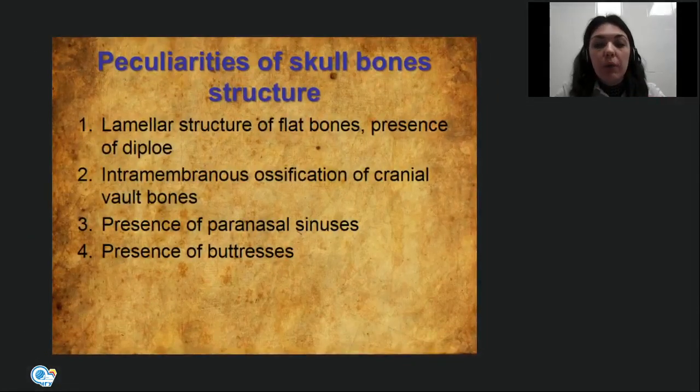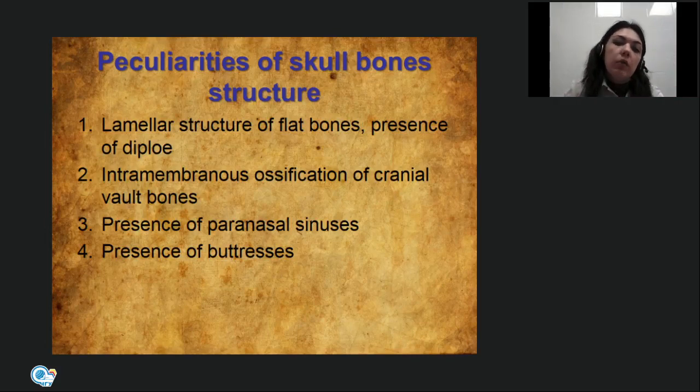So what are the peculiarities of the structure of skull bones? What is the difference between bones of the trunk, upper limbs, lower limbs, and bones of skull? So first of all, it is lamellar structure of flat bones and presence of diploia. Diploia, we'll see it later, is a layer of spongy bone between two layers of compact bone.